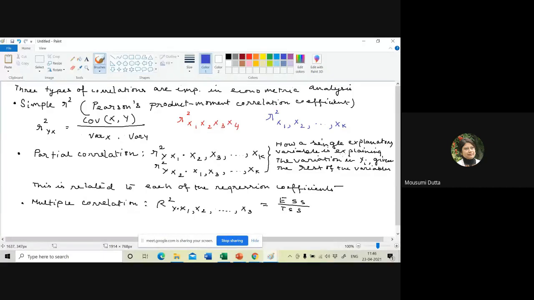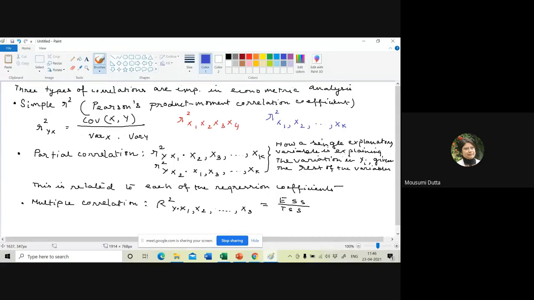The second type of correlation, which is also very important, is the notion of partial correlation. Now, what is partial correlation? Look at the definition.